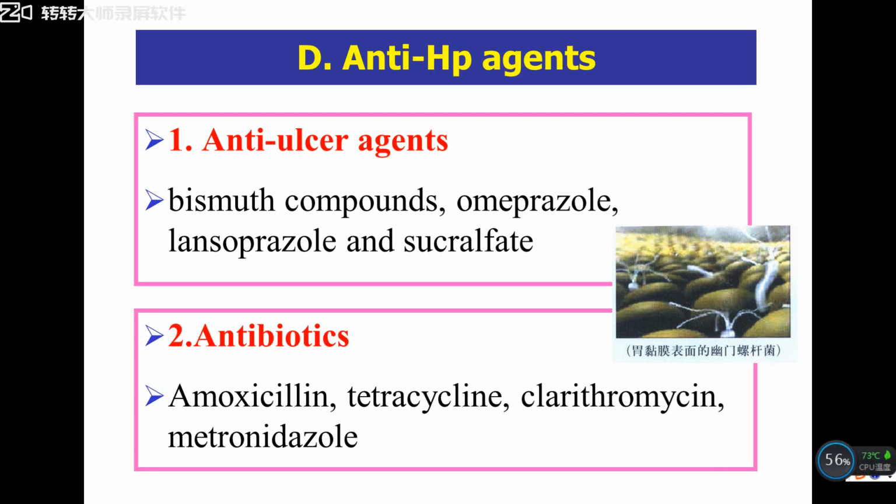And we can also use some antibiotics to kill bacterial infection, for example, amoxicillin, tetracycline, clarithromycin, and metronidazole. We use these antibiotics to inhibit or kill bacteria.